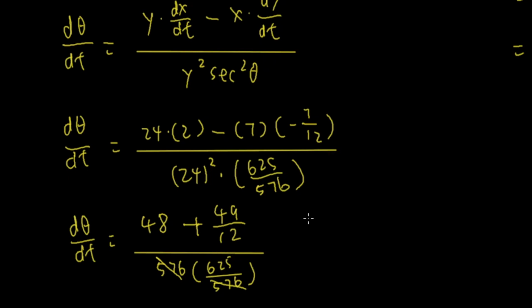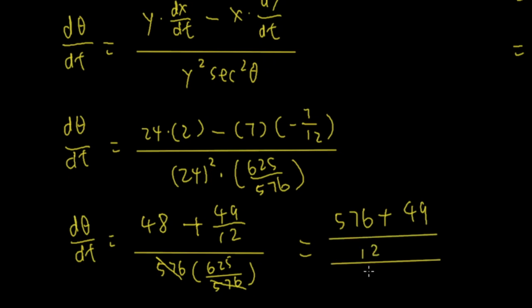So what is this? 48 times 12 is 576, plus 49 over 12, over 625, like that.